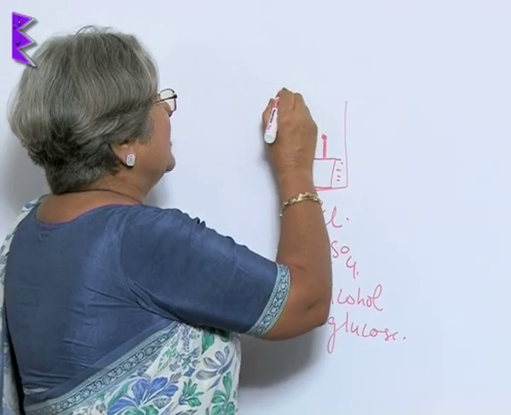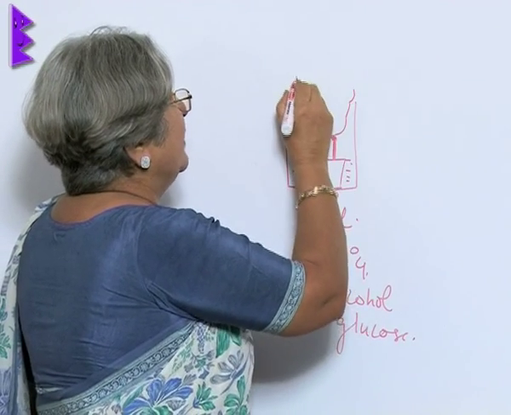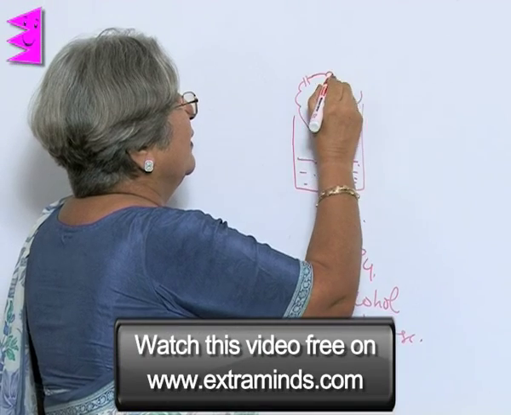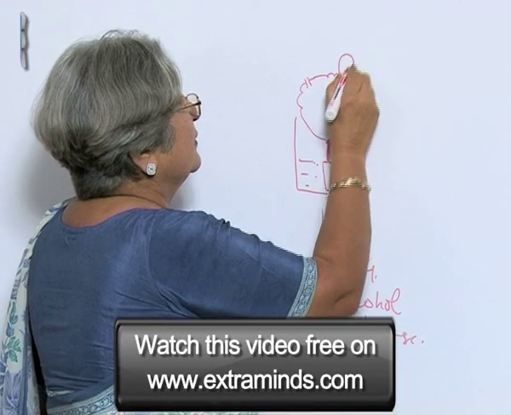A wire was attached to it, to the 2 terminals of the battery, and a bulb was also fixed.